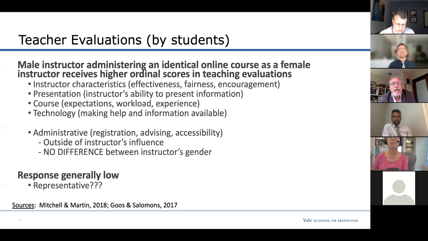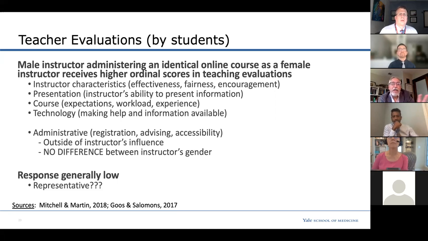And also the technology: was it useful, however it was utilized in transferring the information during the lecture? There was also a 5th one, which had to do with administrative issues, questions about how easy it was to register for the course and being advised. But these things were totally outside of the instructor's influence, right? The first 4 are totally within the instructor's influence: their characteristics, presentation, course, and technology use.